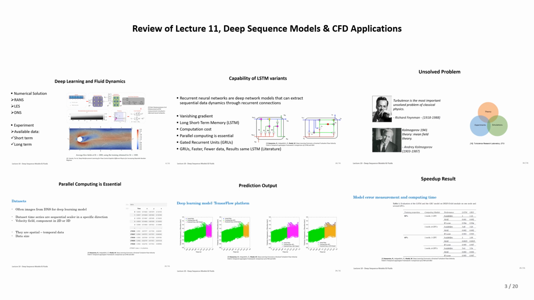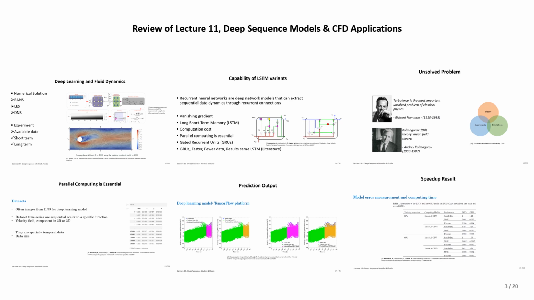And we saw its capability could be interesting to use in turbulent flow as an unsolved problem in fluid dynamics. We talked about how we need to create data with time series and in sequential form from fluid dynamics, and then use it in this type of model.